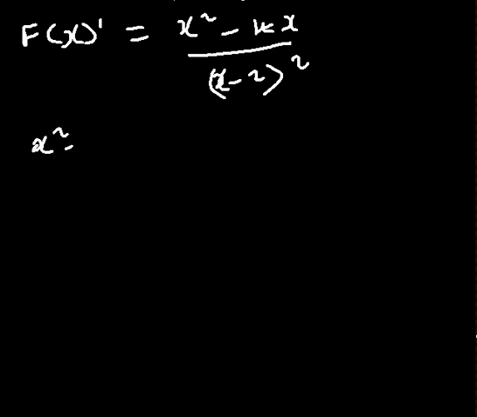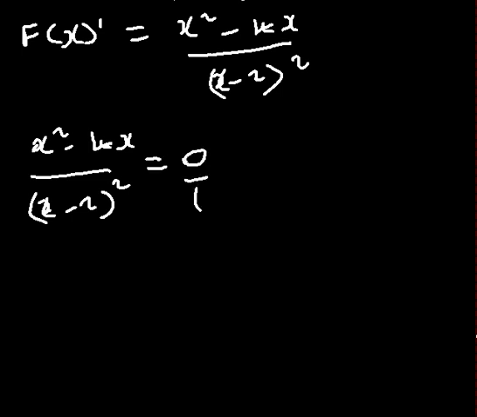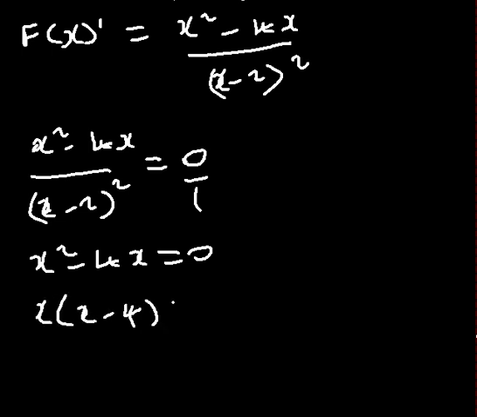So x squared minus 4x, divided by (x minus 2) squared, is equal to 0. At this point, we should not do the cross multiplication. Therefore, we solve the numerator as well as the denominator separately. So x squared minus 4x is equal to 0. We factor out x, giving x times (x minus 4) equal to 0. And therefore the critical values are x equal to 0 and x equal to 4.